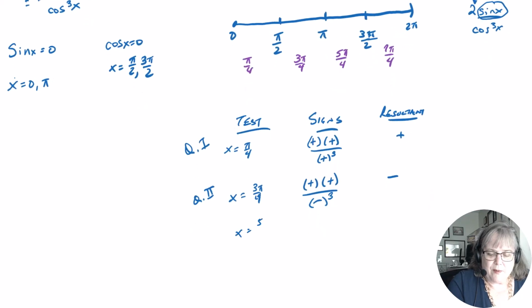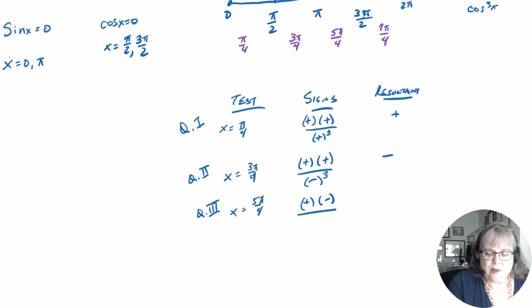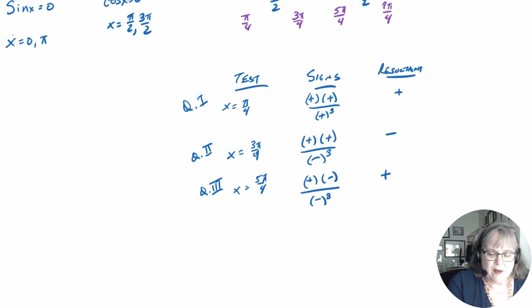X is 5 pi over 4. This is quadrant 3. So the 2 is always positive. Sine in quadrant 3 is negative no matter what's going on. In quadrant 3, cosine's negative no matter what angle you're at. They're both negative. So you have a positive. X is 7 pi over 4. You're in quadrant 4. The 2 is always positive.